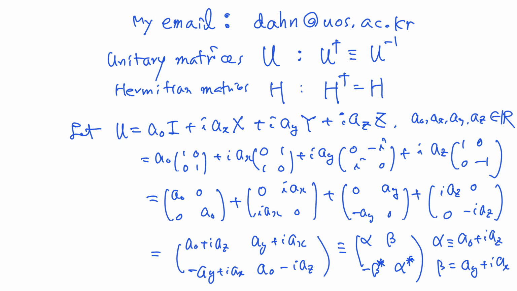The reason why I define it in this weird way, we are going to see in the following. So the first matrix becomes A0, 0, 0, A0, right? Second matrix, 0, iAX, iAX, 0. You have to be careful because i times minus i is plus 1. This is 0, AY, minus AY, 0, plus this one is iAZ, 0, 0, minus iAZ.